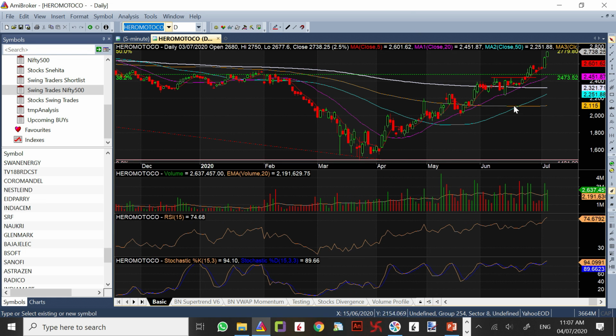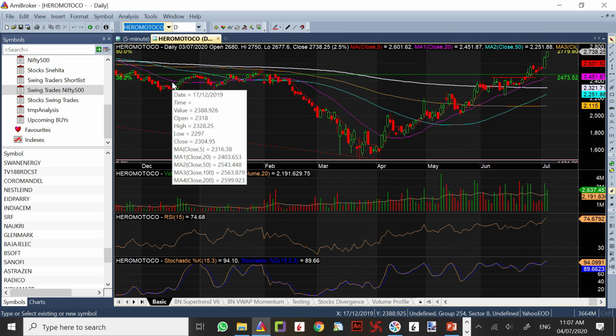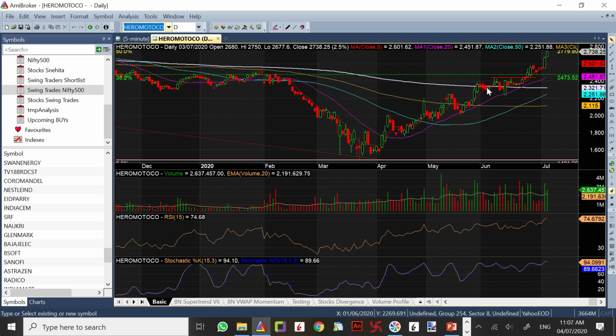This has already broken. So Hero Moto also has just crossed the 200 DMA. Now I'm not going to talk about history because I have shown enough examples of how you can check whether it is exhibiting good support resistance behavior around the 200 DMA or not. You check that, and now Hero Moto has just done a small consolidation, a very small bullish head and shoulder pattern also, and then it has broken out here.